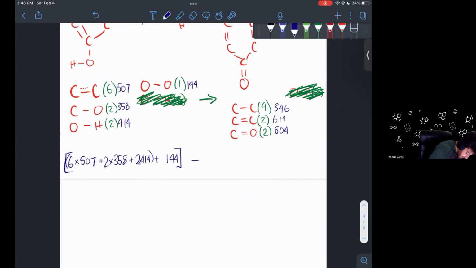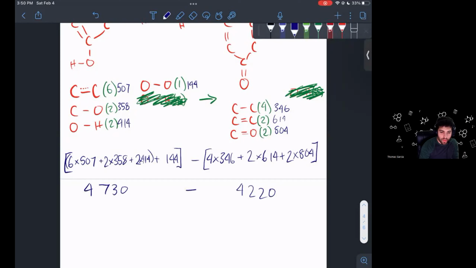And then I'm going to subtract, oh, sorry, I'm going to subtract 4 times 346 plus 2 times 614 plus 2 times 804. And so all you have to do is put these values in your calculator and solve this out.